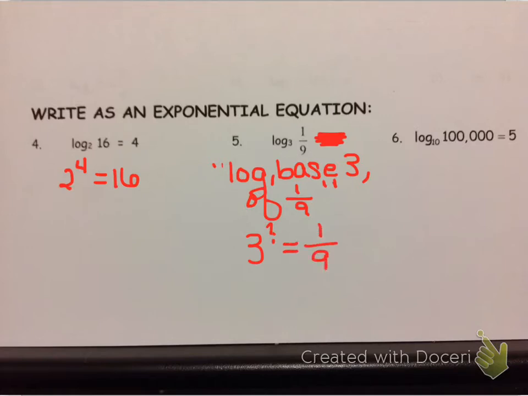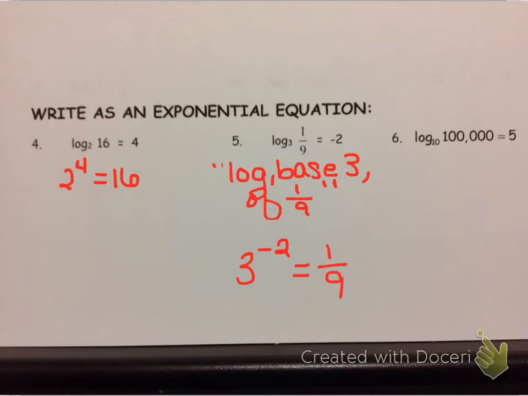So you would have to figure out what power would flip the 3 into the denominator and square it, and your answer would be -2. And that's why this log equation would convert to its exponential form. Oops, meant to be in erase mode. Its exponential form is 3 to the power of -2 is 1/9.